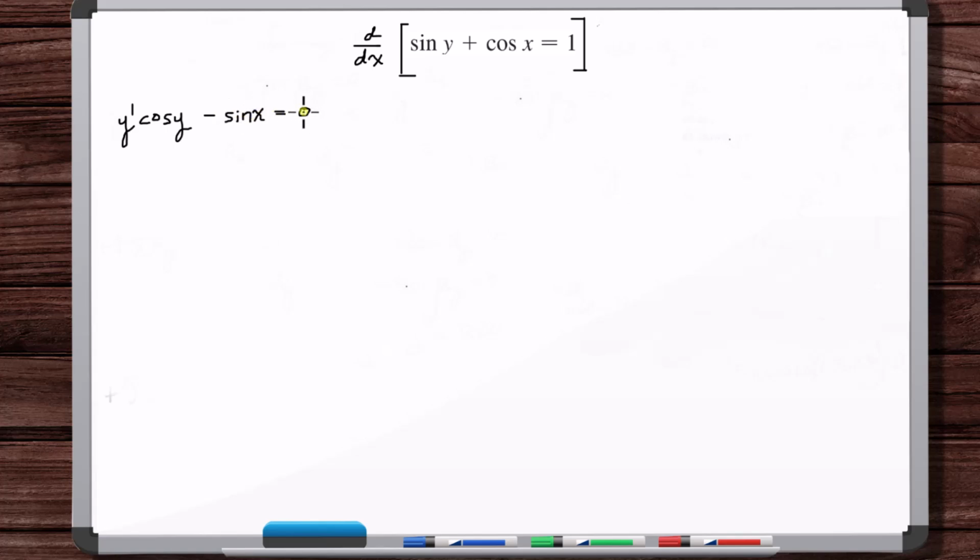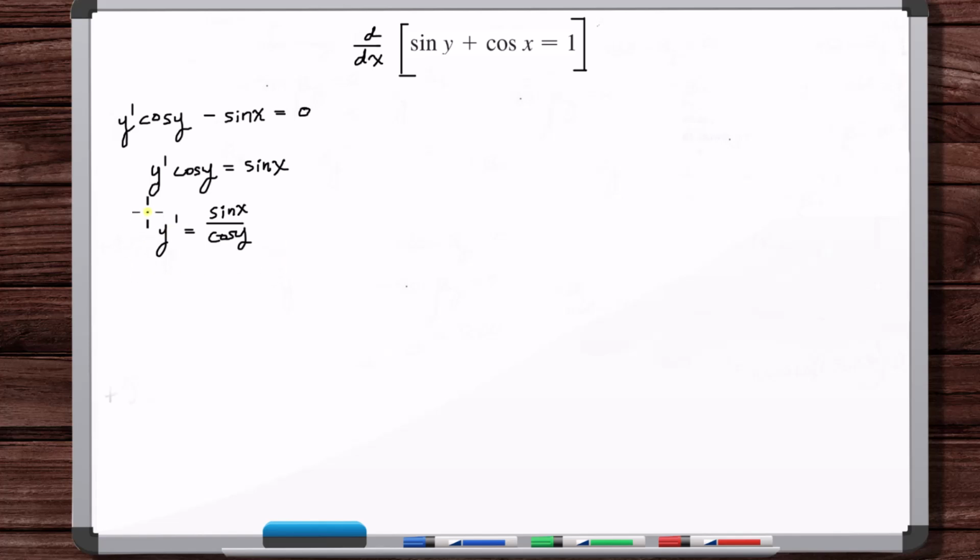This is equal to 0. Right, d dx of 1 is 0. So now solving for y prime. So y prime is equal to sine of x over cosine of y.